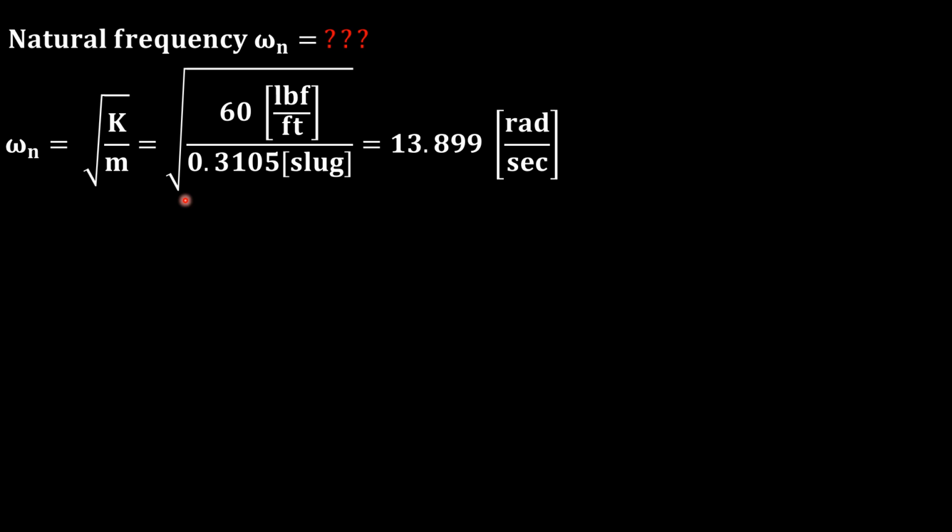Now, every object or material has its own natural frequency, and the natural frequency of a system depends on how elastic the system is and the mass of the system.